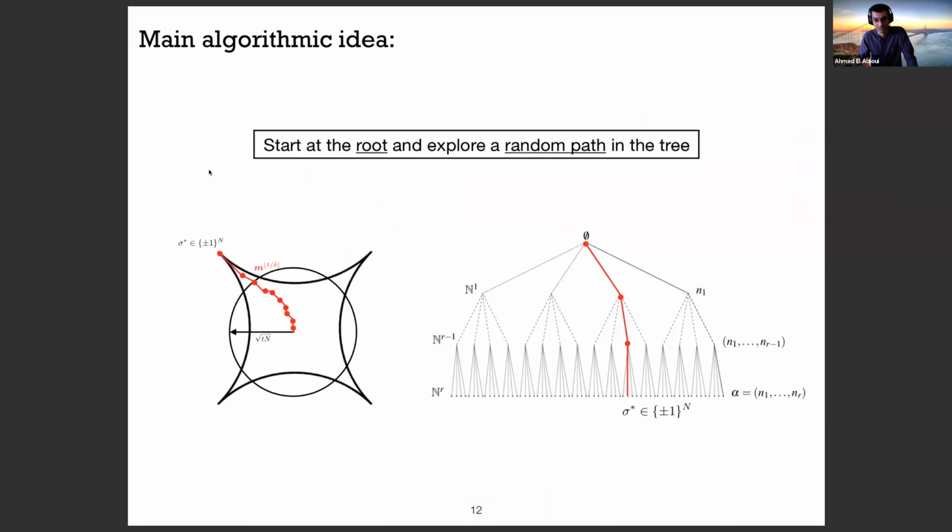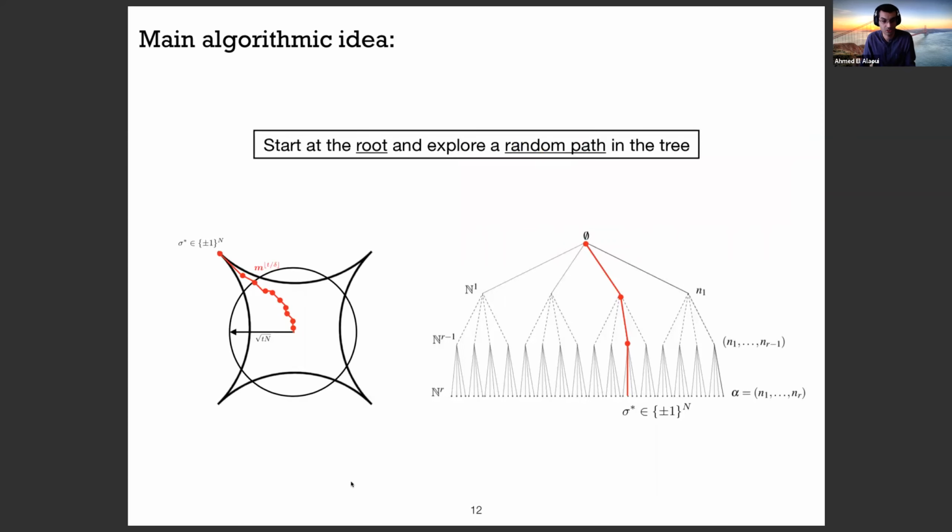So the algorithmic idea is really to exploit this structure. The high-level idea is to start from the root of this tree and construct a random path that explores this tree, and at some point it arrives at a leaf, and the leaf will be, by the description that I showed you, an optimum point.